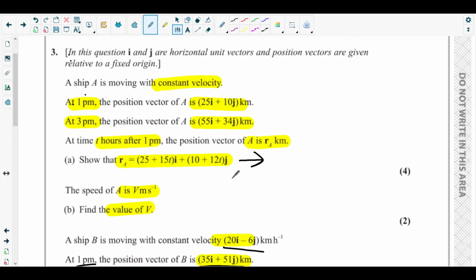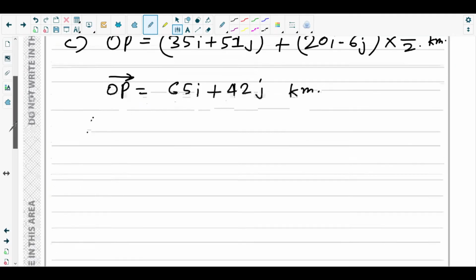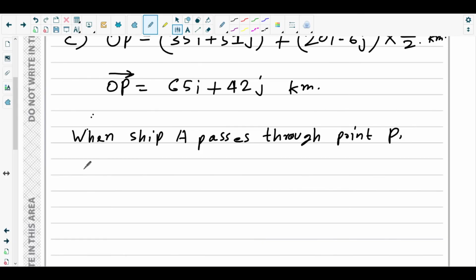Because if ship A passes through point P, the position vector of A will be equal to the position vector of point P.